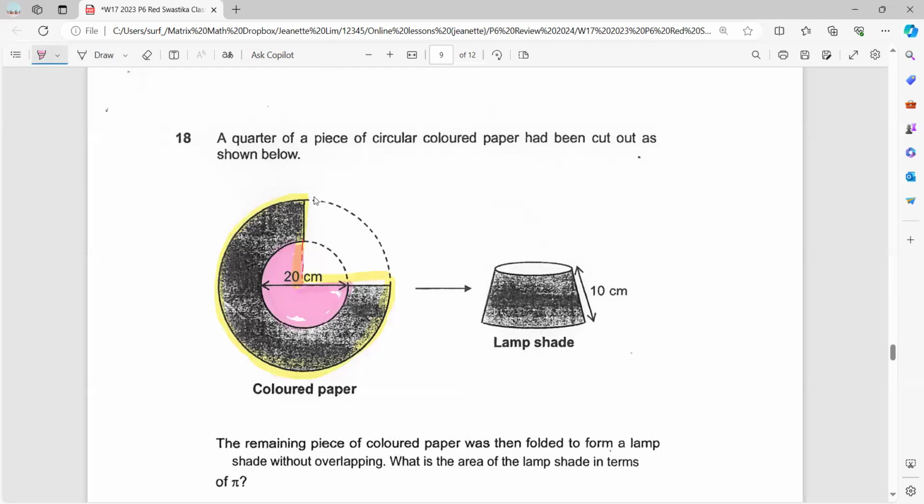So the yellow part minus the pink part. For the yellow part, we have to use area of circle, so pi times r. We need the radius. What's the radius? Look at this. This is 10, right? The width of the shaded part is 10. So this must also be 10.